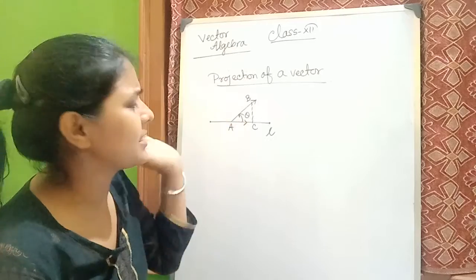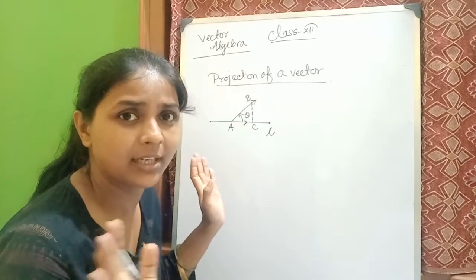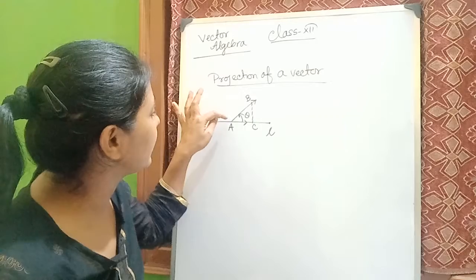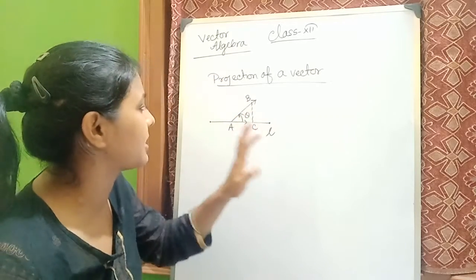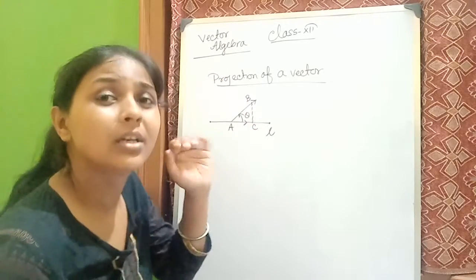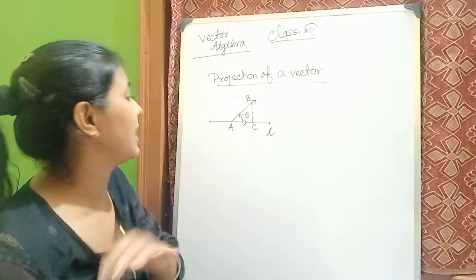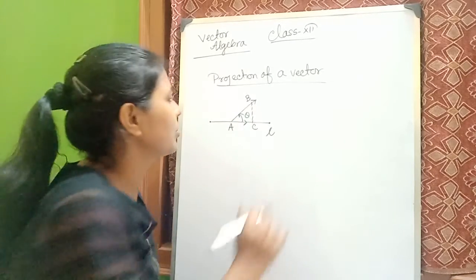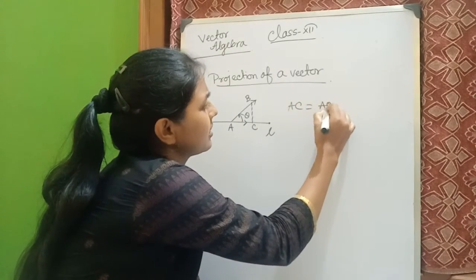What will be AC's magnitude? Forget about all vectors, sign and all. Think about AB, BC and AC, three sides of a right triangle, and theta is this angle. Then don't you think that AC is AB cos theta?